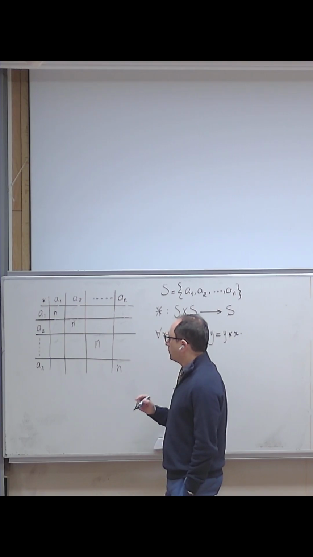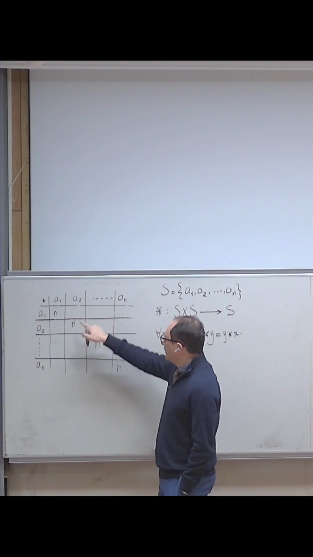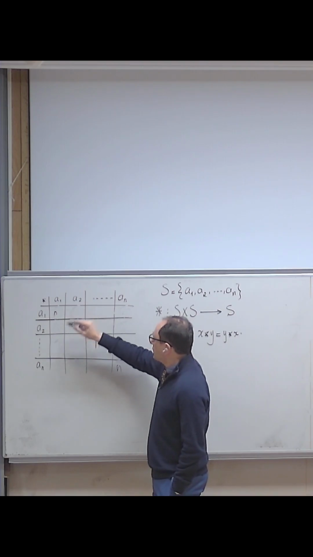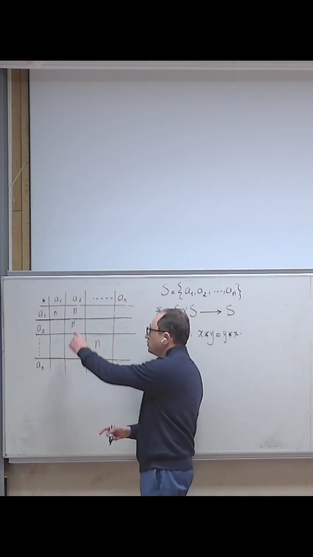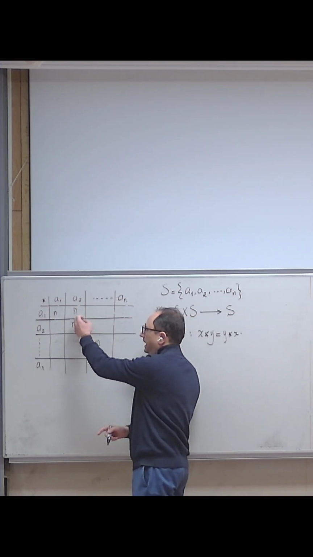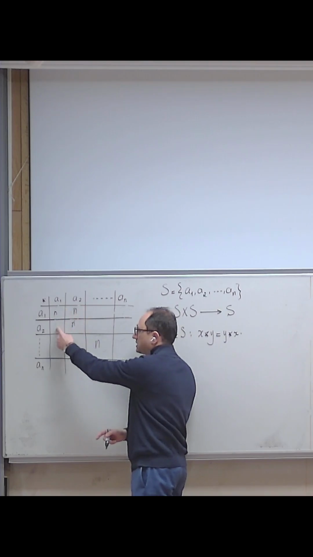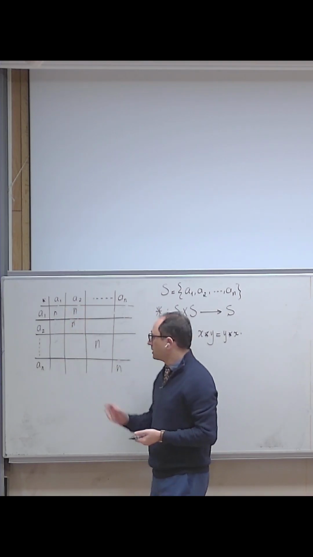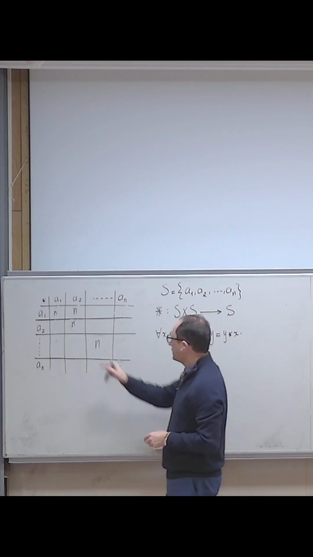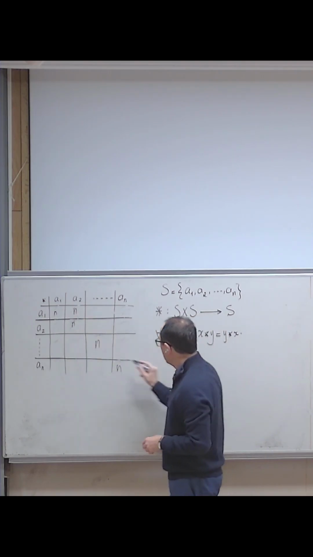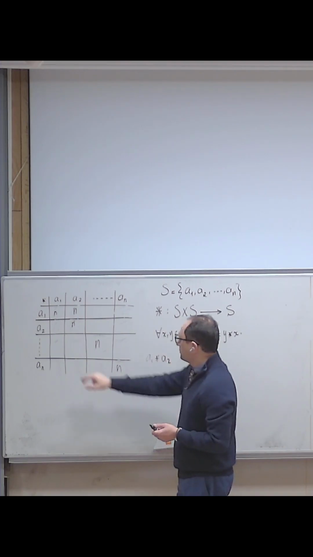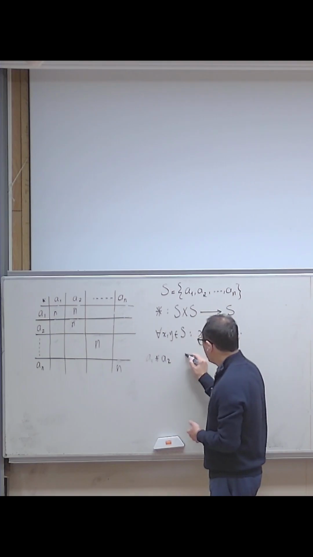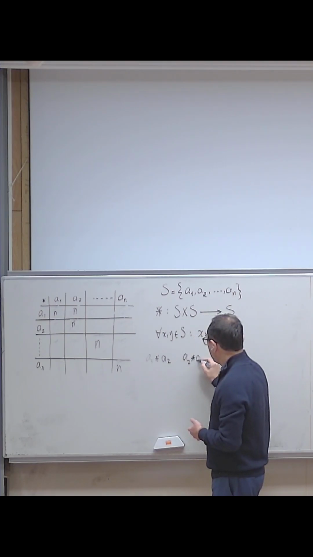But one thing that is important here: for example, for A2, I still have n options. But as soon as I choose what to put here, I have to choose the same element and put it here, because I want to have commutativity. What you put here is A1 star A2, and what you put here is A2 star A1.